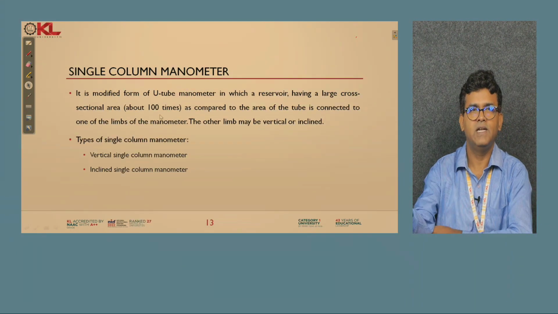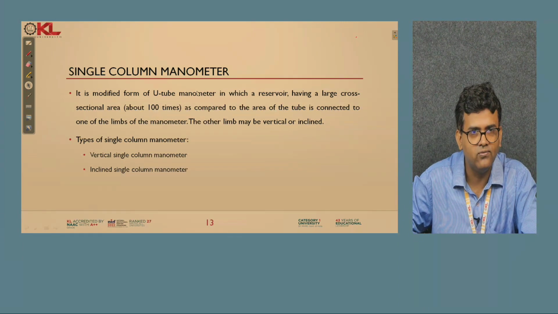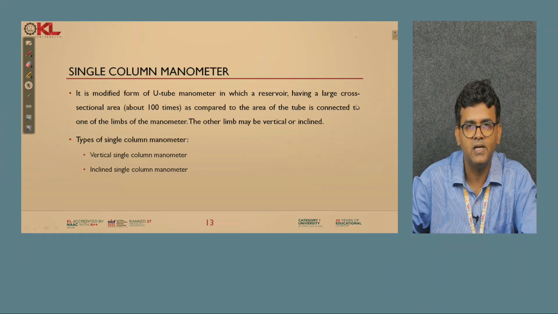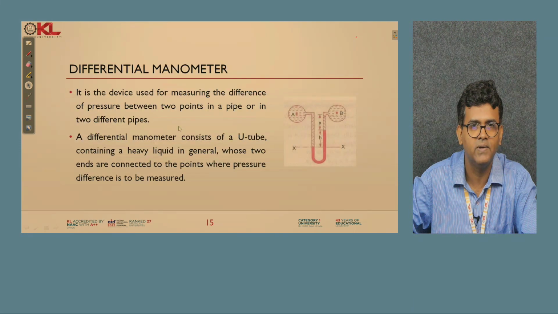The single column manometer is a modified form of the U-tube manometer, in which a reservoir having a large cross-sectional area, about 100 times the area of the tube, is connected to one of the limbs of the manometer. You can see this is the single column manometer.